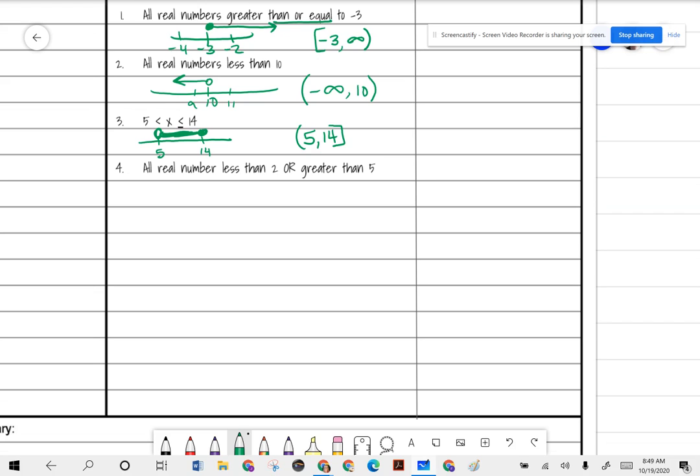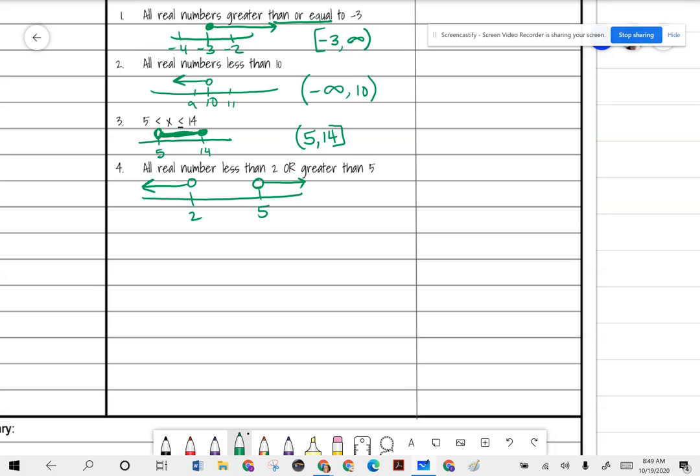Now let's take a look at all real numbers less than 2 or greater than 5. If I were to take a number line, I would have a 2 here and a 5 here. Less than 2 would be that way, right? Open circle at 2 and to the left. And greater than 5 would be open at 5 and to the right.